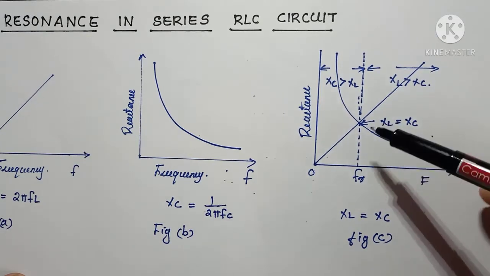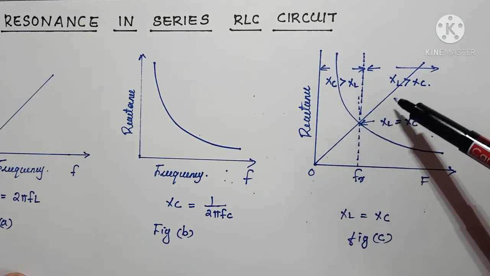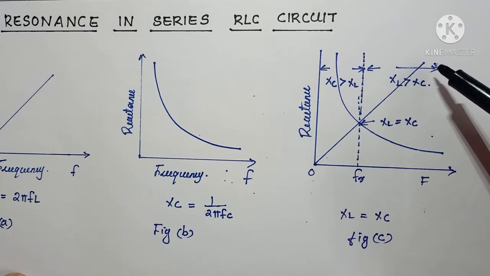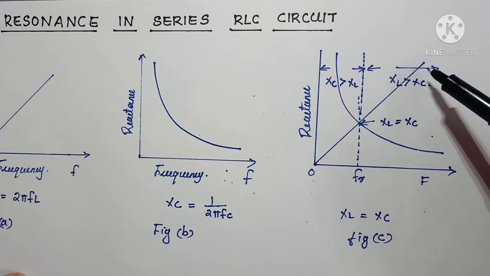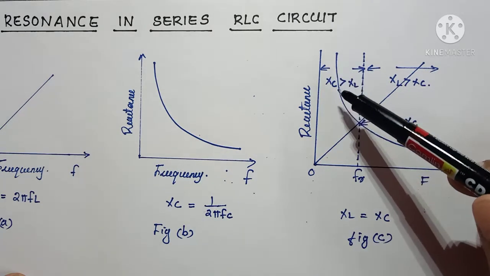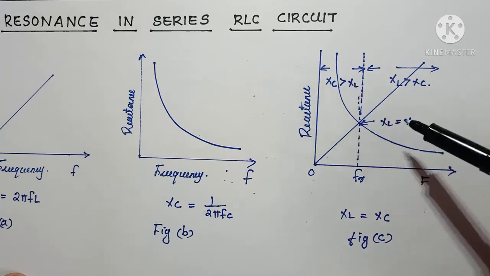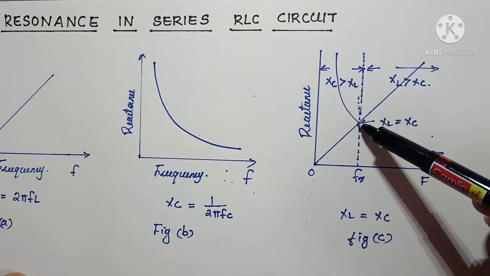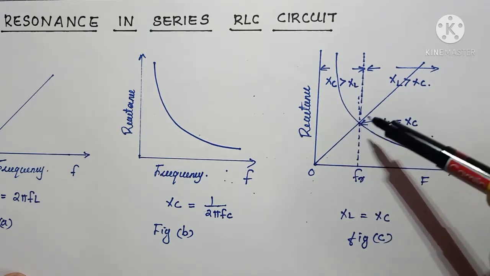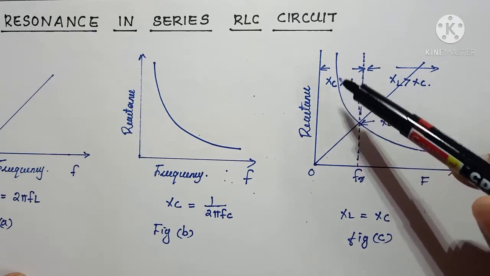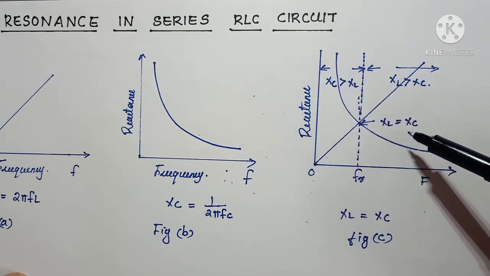This graph shows the relation of inductive reactance with frequency, and this graph represents the relation between capacitive reactance and frequency. At this point XL and XC become equal.